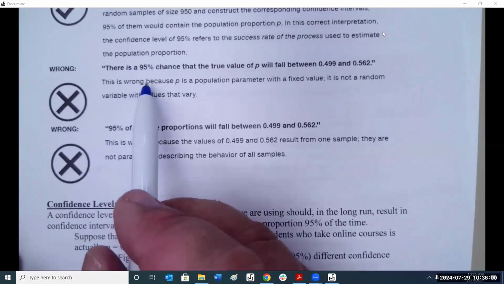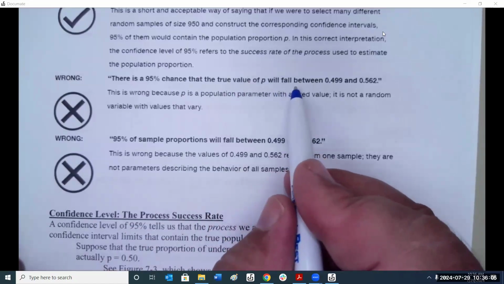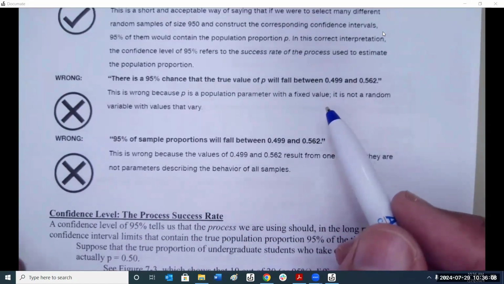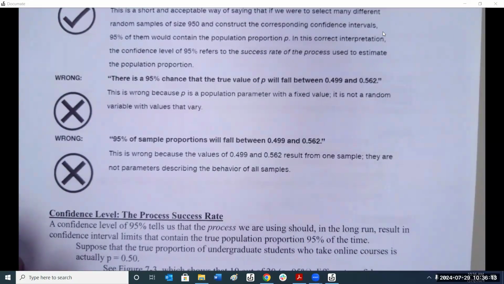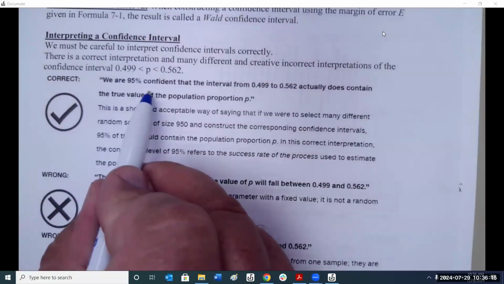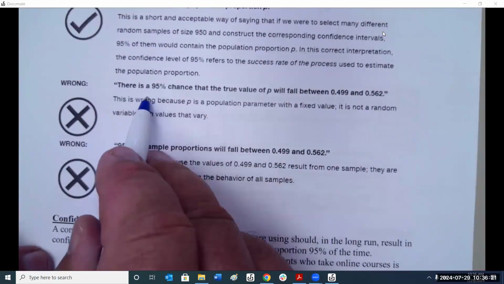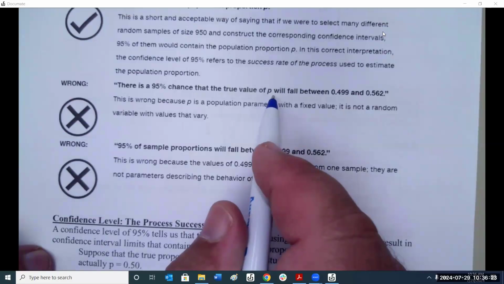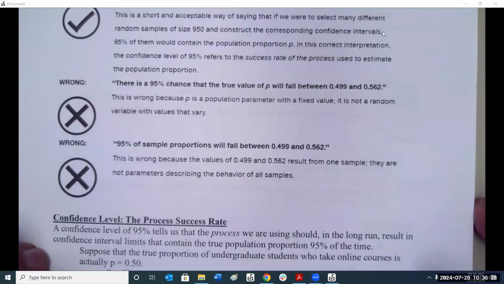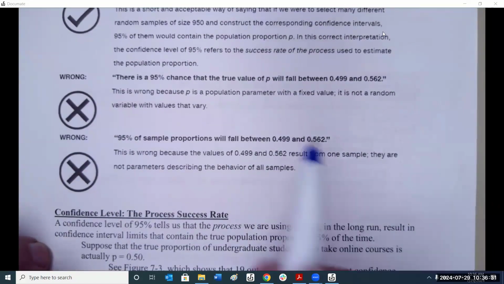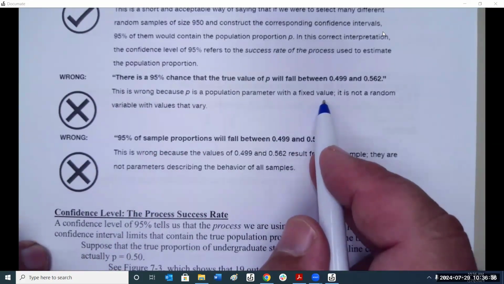So what are the wrong ways? There is a 95% chance that the true value will be between there and there. It's incorrect to say it that way, but that's how it's mostly stated. Instead of saying we're 95% sure that P is between there and there, it sounds like the same thing, but it's wrong because P is a fixed number and not a random variable.